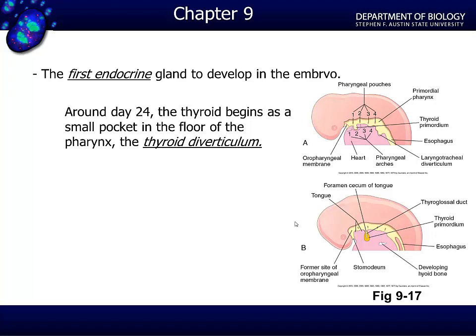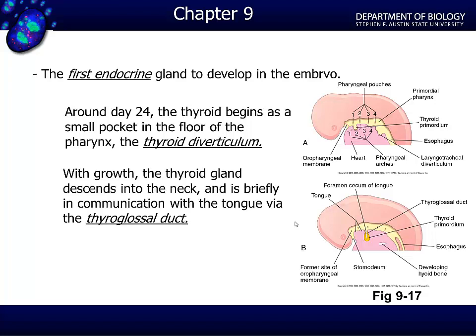So the thyroid diverticulum descends, and as it does descend, it's going to leave a connection back to the pharynx along with it. And this connection is going to be the thyroglossal duct. Now, in most cases, the thyroglossal duct degenerates as the thyroid diverticulum descends and becomes the thyroid tissue proper.